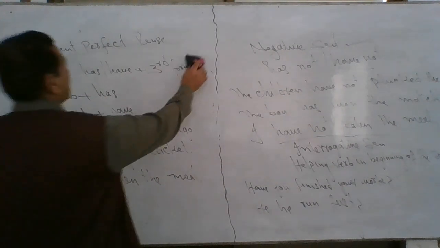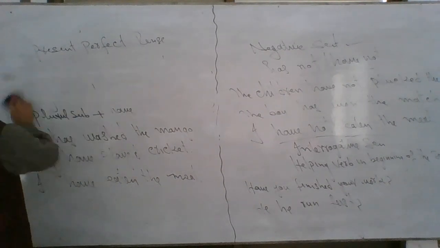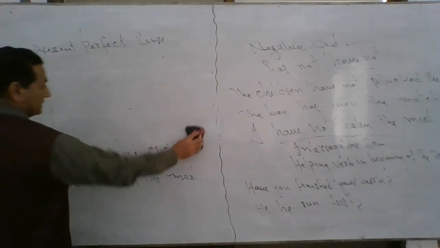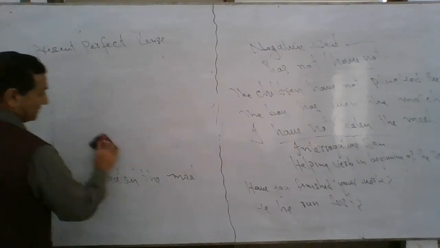They have written letters. Yes, they have. The thing is that the plural subjects carry have with itself, and the singular subjects carry has with itself. And third form that is already there. Now we are going to start another tense. That is what?